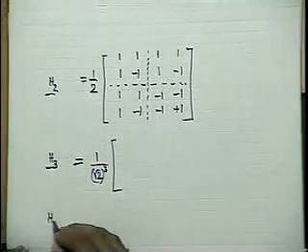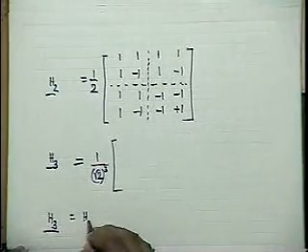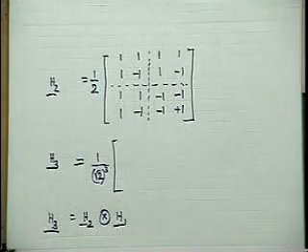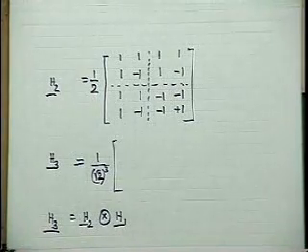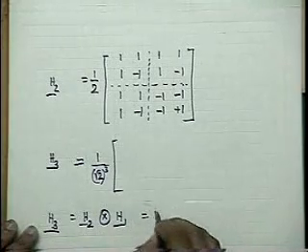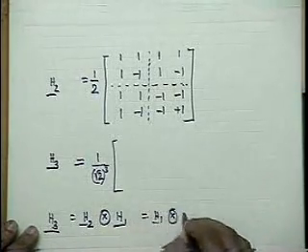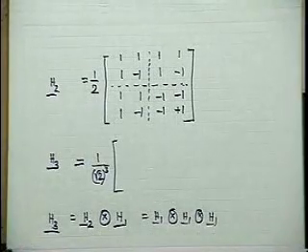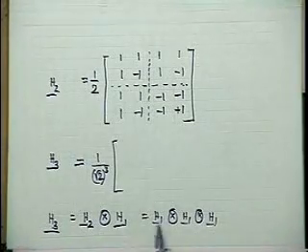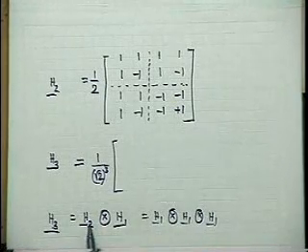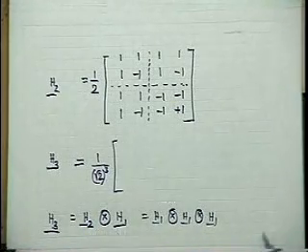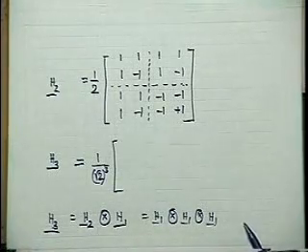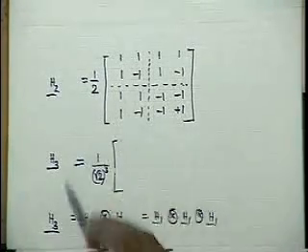Because simply what you will do is H3 is H2 Kronecker product with H1. Or rather it is the same as writing H1 Kronecker product with H1, again Kronecker product with H1. Rather than that, because Kronecker product of H1 with H1 itself is H2, it is H2 Kronecker product with H1.